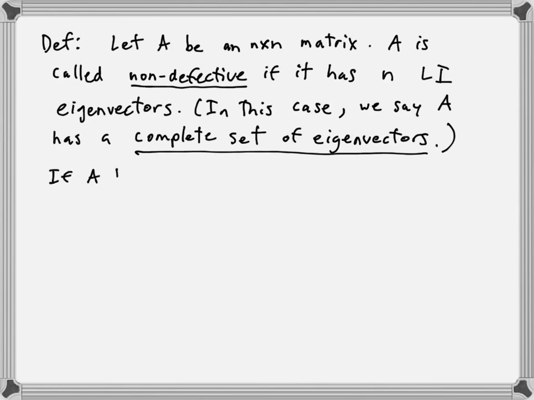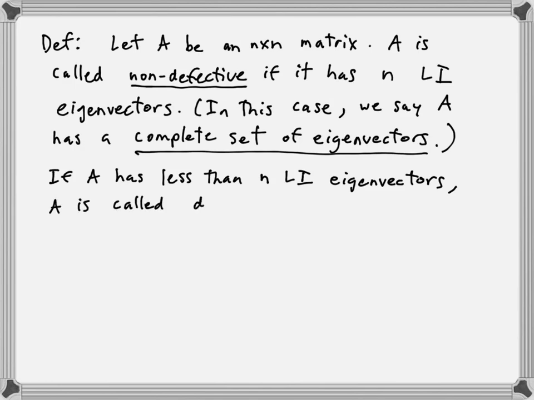If A has less than n linearly independent eigenvectors, A is called defective.